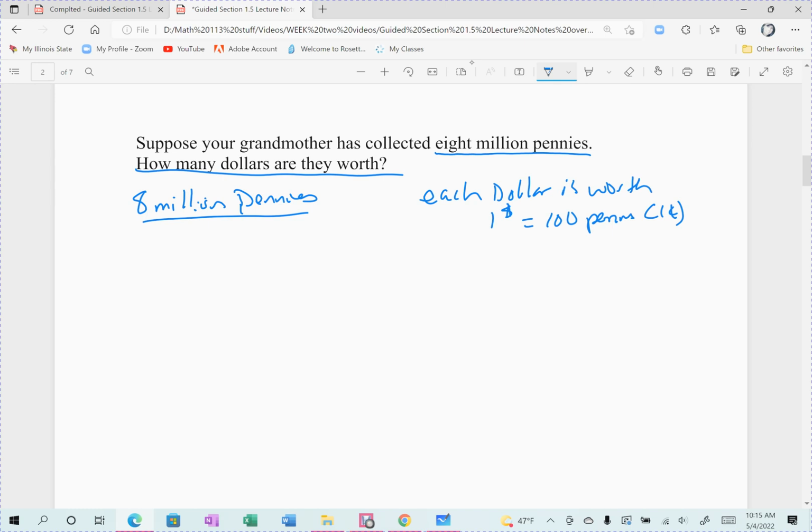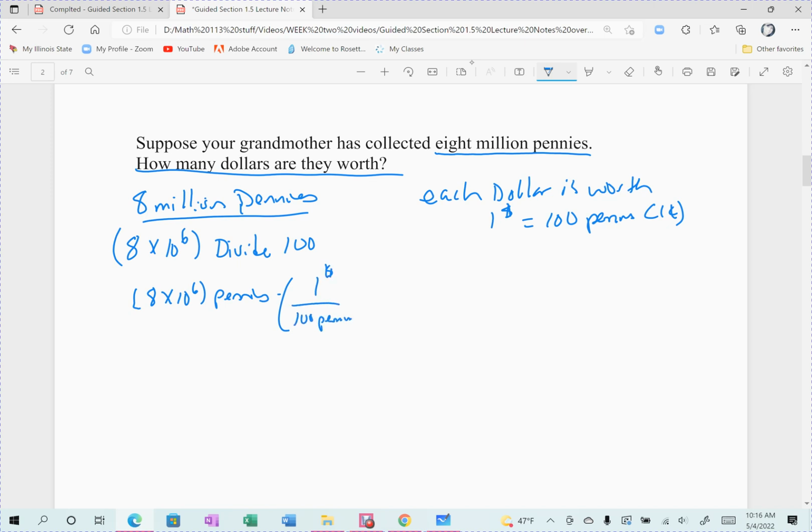And not only do I need to convert between pennies and dollars, but I've got millions of pennies. I can't just take 8 divided by 100. That doesn't make sense. I have 8 million. So remember, 8 million is the same as 8 times 10 to the 6th. And then we're going to divide by 100, because we're going to take our 8 times 10 to the 6 pennies times $1 divided by our 100 pennies.